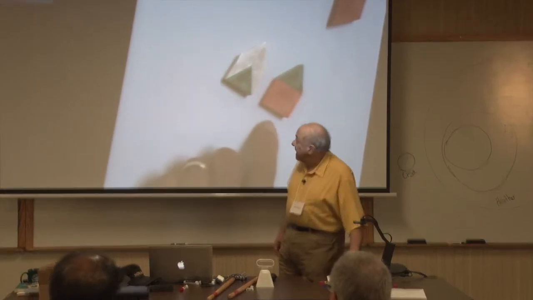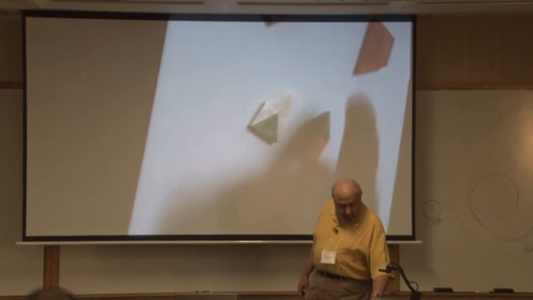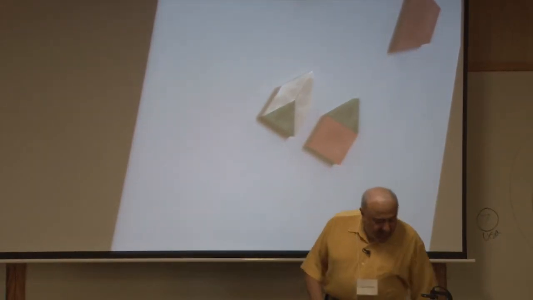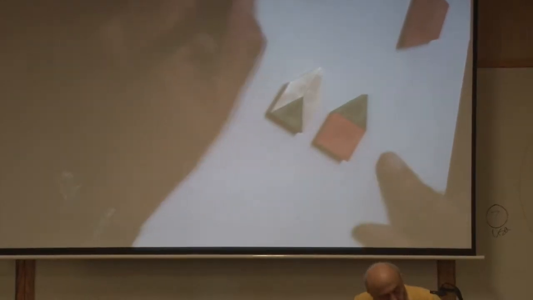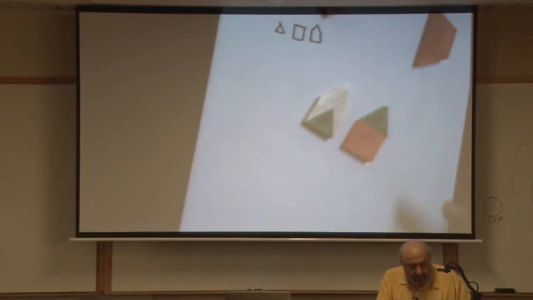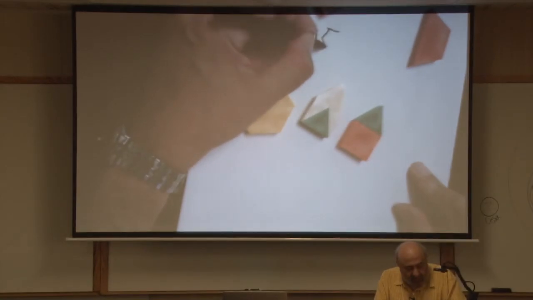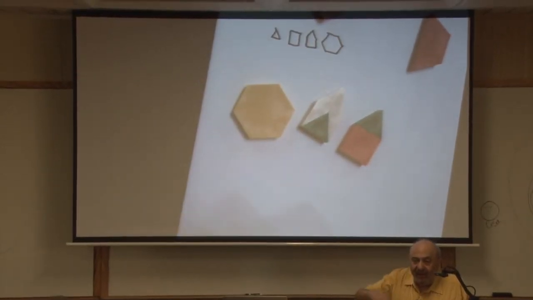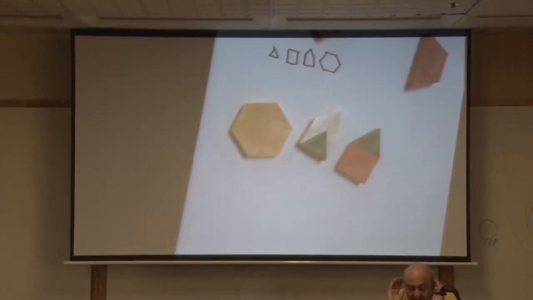So these are pentagons, 1, 2, 3, 4, 5 sides. So we already have a convex triangle, square, and pentagon. And hexagon we get for free as well. So now try and make a 7-gon, 8-gon, 9-gon, and so on that are convex.